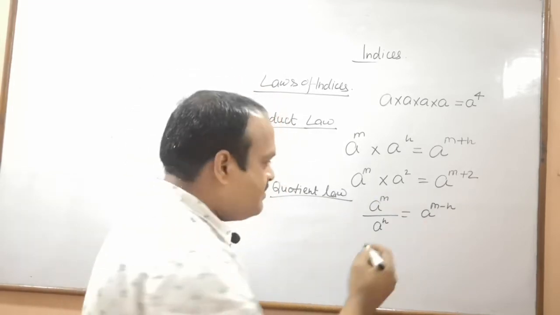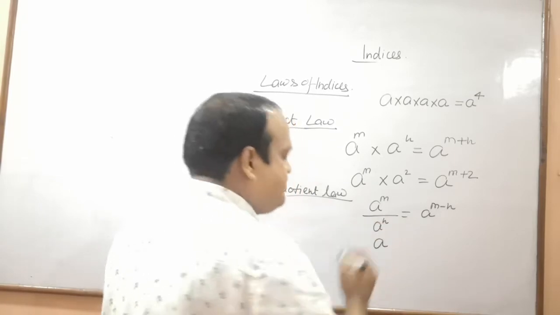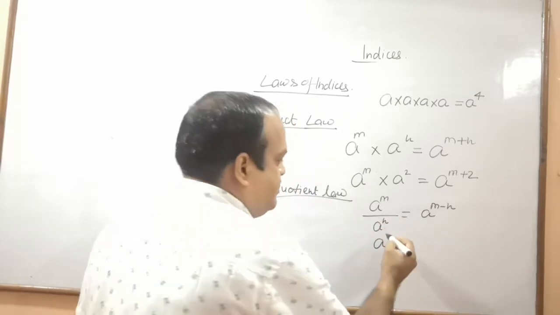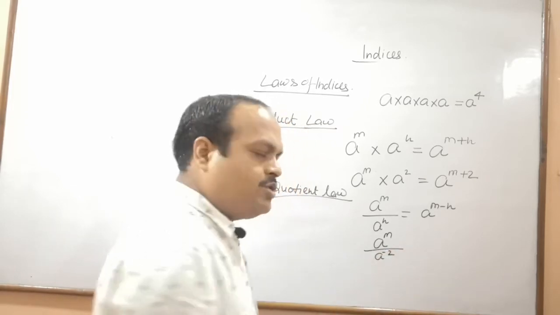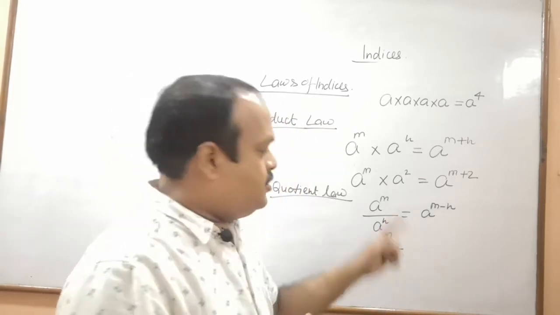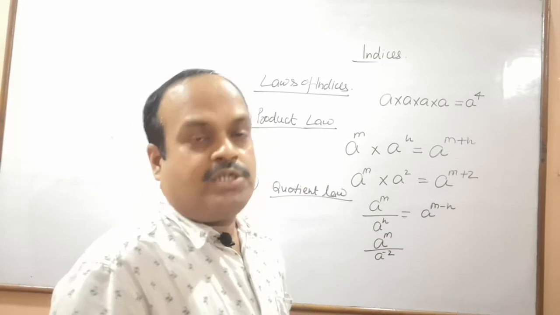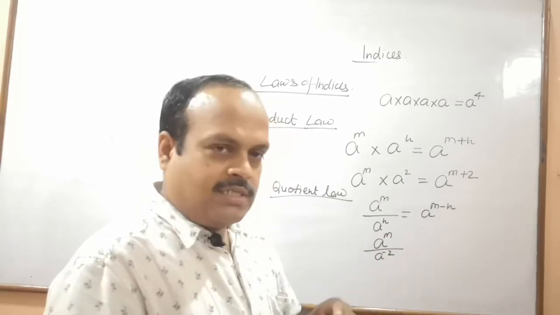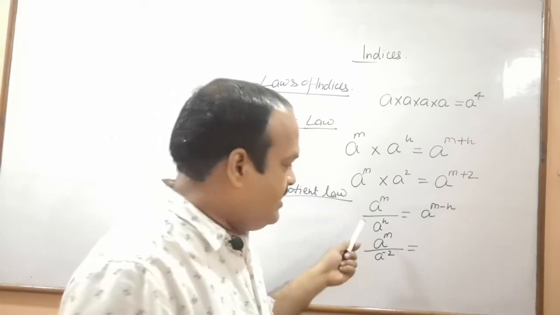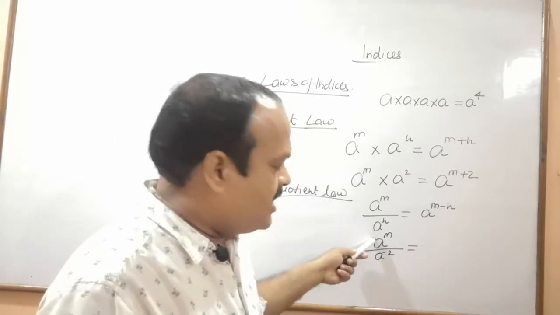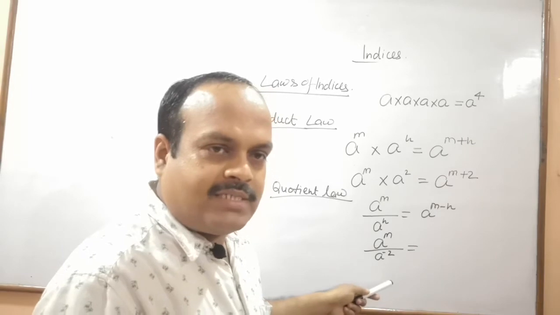An example: if I divide a to the power m by a to the power minus 2, to get the quotient, to get the result of this division, you can see the division is of two exponential numbers with the same base.